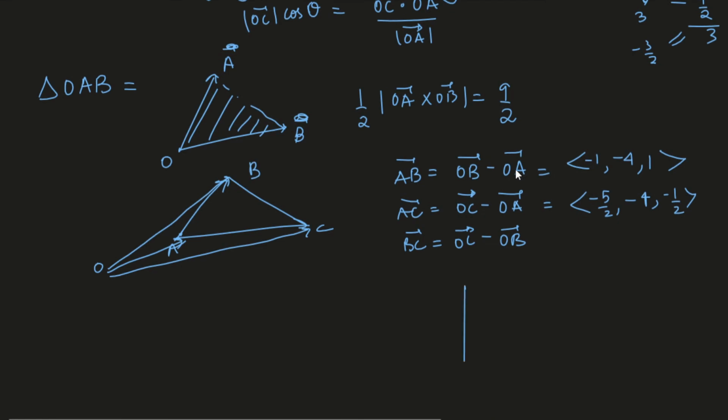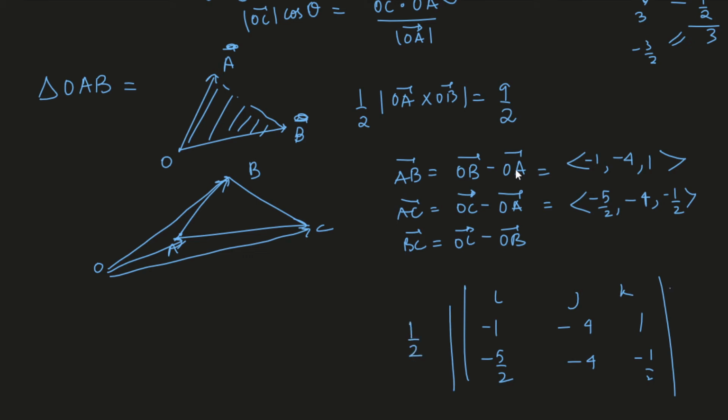So the cross product is of -1, -4, 1 and -5/2, -4, -1/2, with i, j, k. Once we figure that out, we halve it to get the area of the triangle.